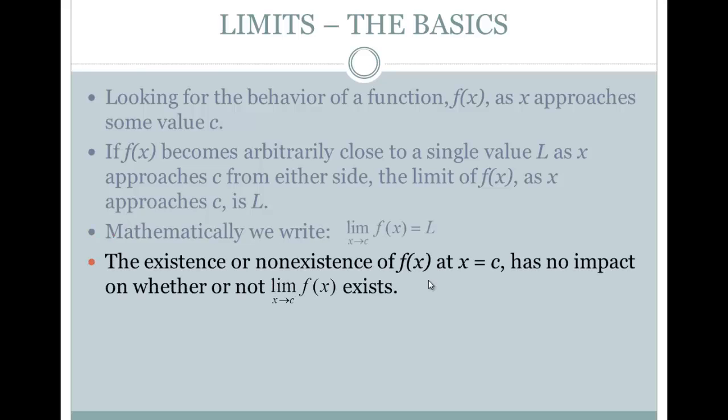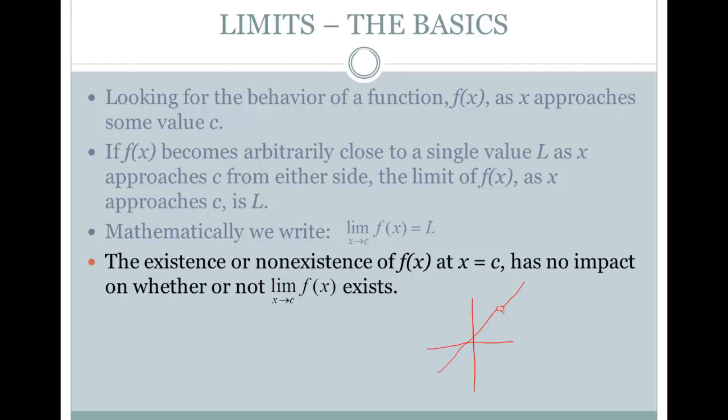The existence or non-existence of a function at c has no impact on whether or not the limit exists. A function can be not defined at c, but still the limit exists. For example, let me get my pen out here. Here's a situation where I have a function with a hole in it: a straight line, a hole, and then my line continued. This function is not defined at that point for some reason or another.